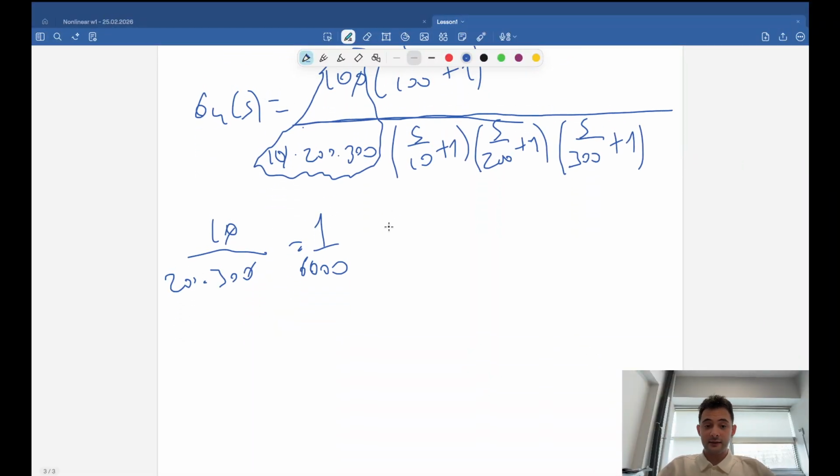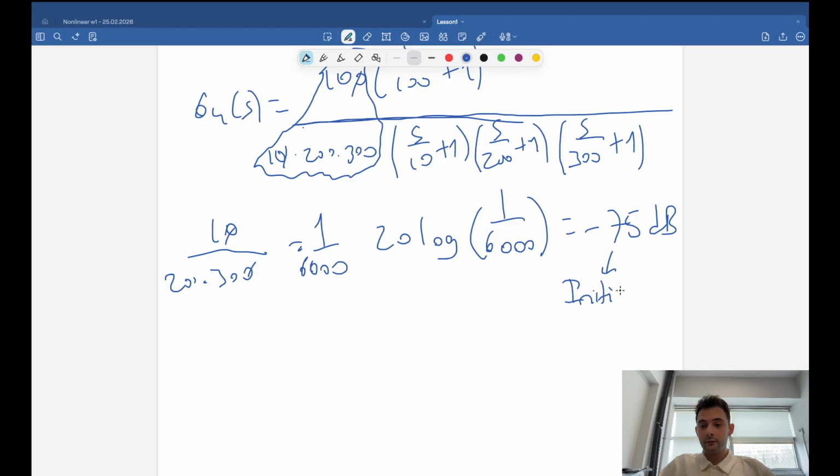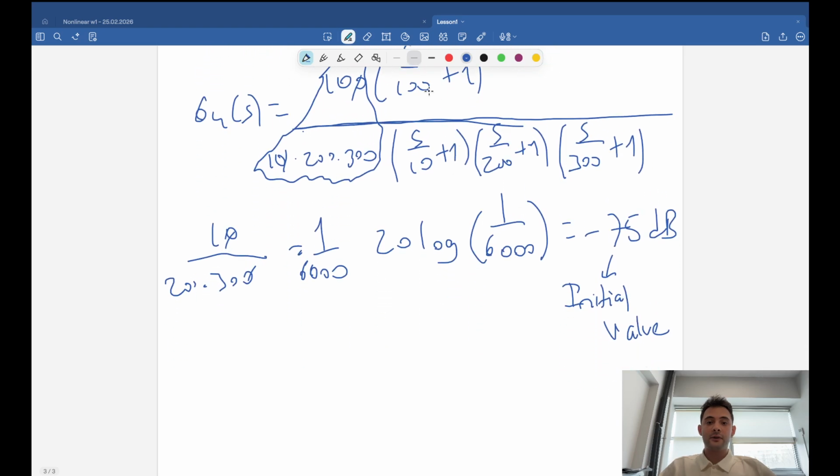So what I did is 20 log 1 over 6,000, which equals minus 75 decibels. All right, I found my initial value. Right? So let's write it down to not forget. We have a 0 at 100, and we have poles at 10, 200, and 300.